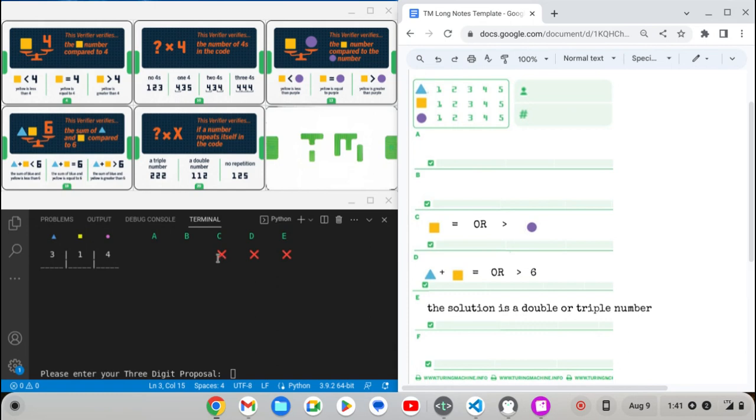We did do our 3 Turing tests. Next, we're going into the phase where we'll be discussing how to construct a good second round proposal. So notice we did not test criteria card A, comparing the middle digit to the number 4, and of course knowing how many 4s there are.